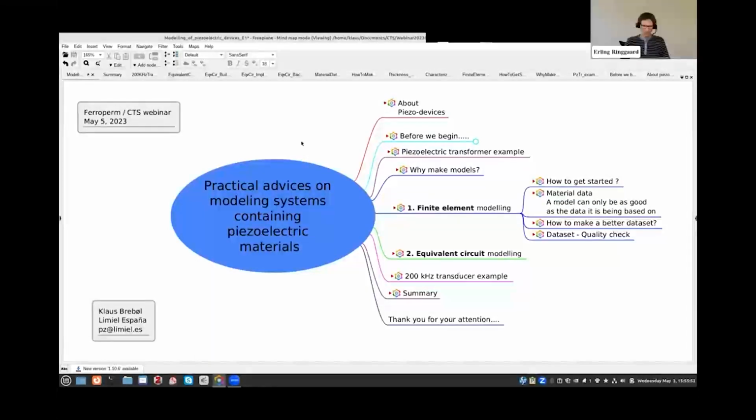I just wrote the name LTspice in the chat if somebody didn't catch it. So thank you for that, Klaus. And the last question that's open now is how can fatigue affect piezoelectric beams operation, and which method is best for simulation in this subject? So the question of fatigue in the case of piezoelectric beams, do you have a comment on that?